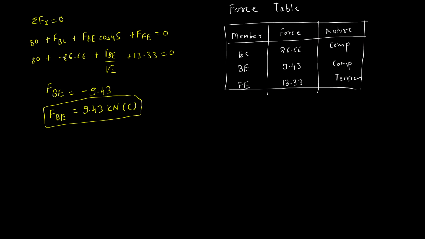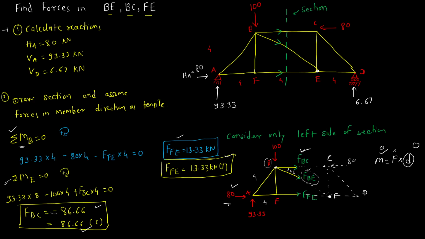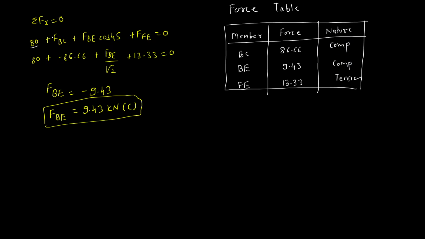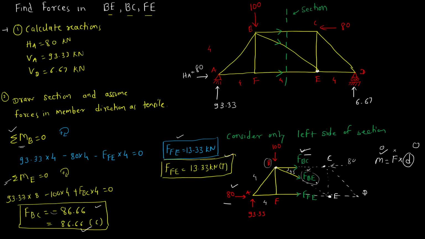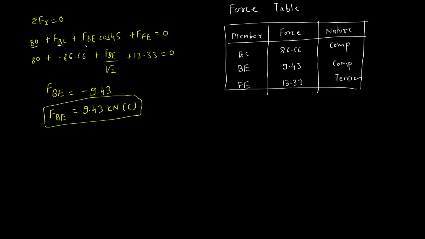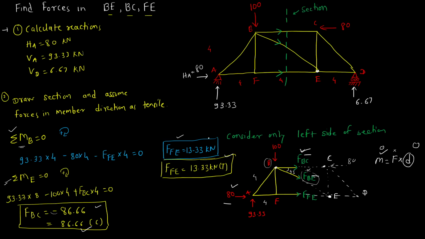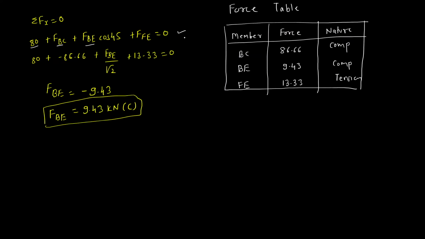So we'll write AT plus FBC plus FBE cos 45. There is one more force which is present, that is FFE. This is also in horizontal direction, so plus FFE is equal to 0. Now solving this, we will get FBE as minus 9.43.